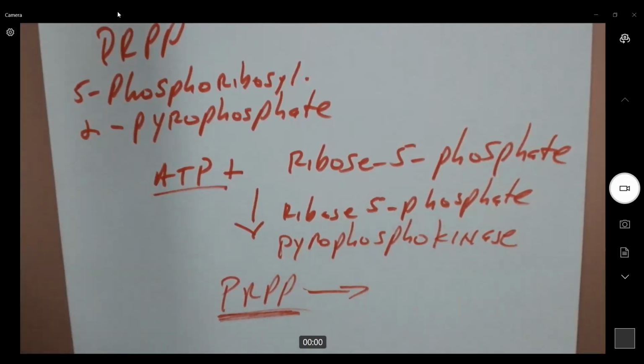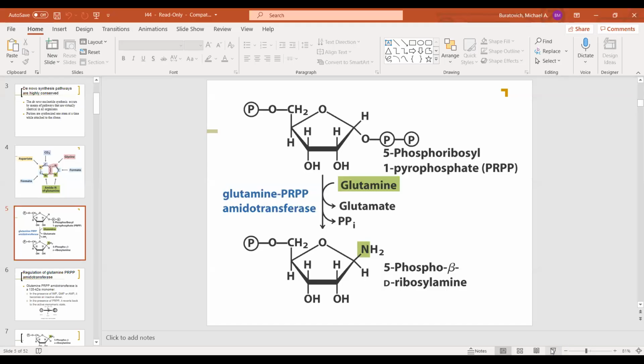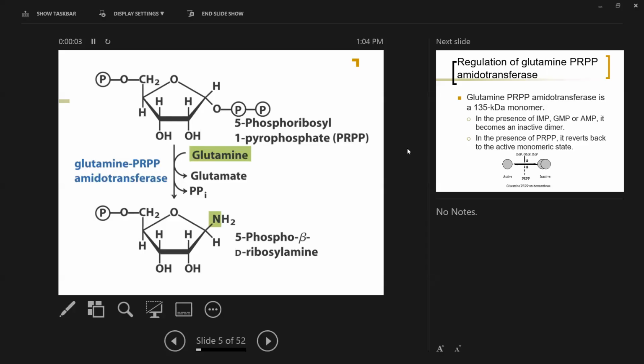Oh yeah, very expensive. That's why the salvage pathway gets used a good deal. Because if you can avoid spending this kind of energetic money, shall we say, you're going to do it. Okay. So the first reaction is a transamination. Notice that the pyrophosphate here is to activate this, because this reaction is not very energetically feasible.